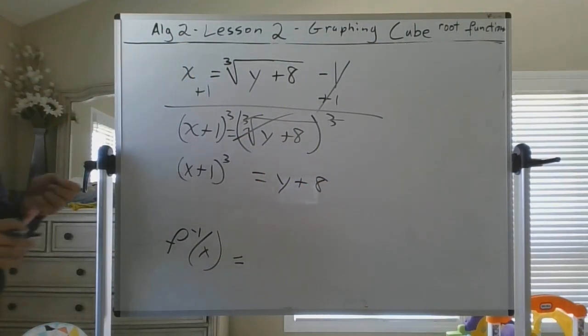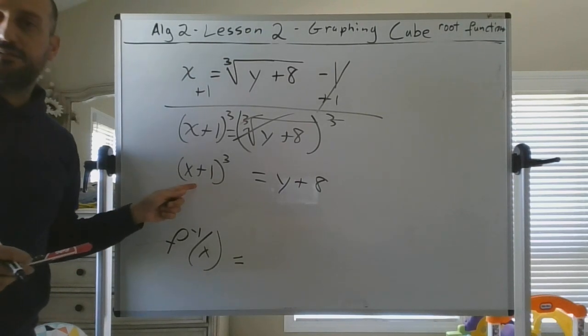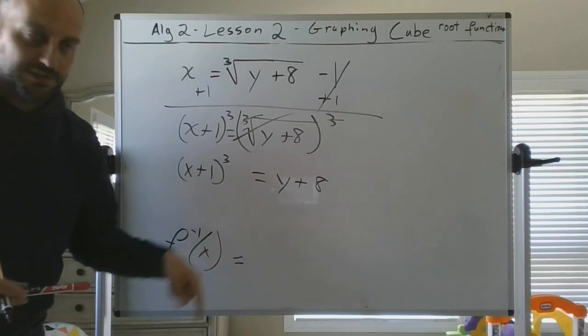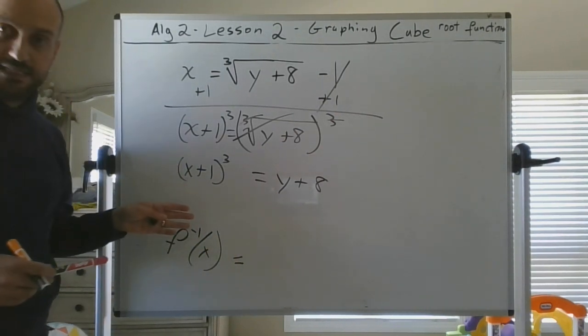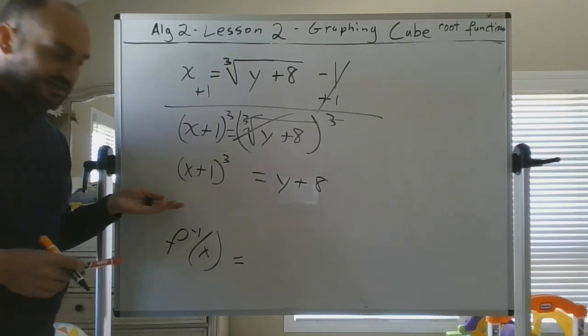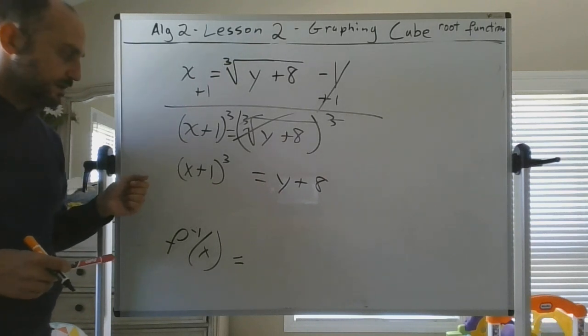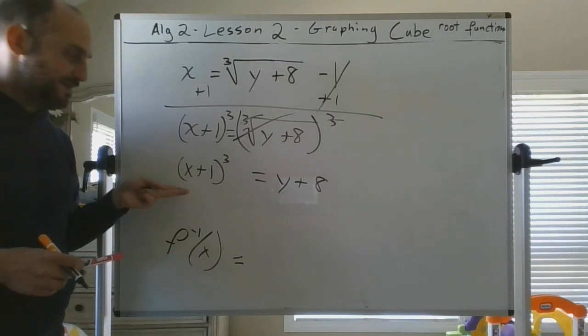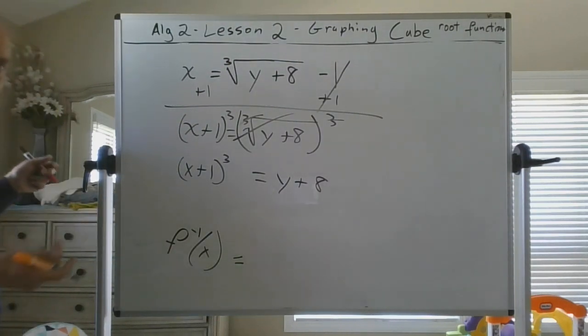Now, I'm actually not going to multiply this out, x plus 1 cubed, because that would be x plus 1 times x plus 1 times x plus 1. I'm going to leave it like this. For our purposes, this is fine. It'll suffice, as long as you understand how to multiply that, but I'm not actually going to do it right here, okay? We're just going to leave it as is.